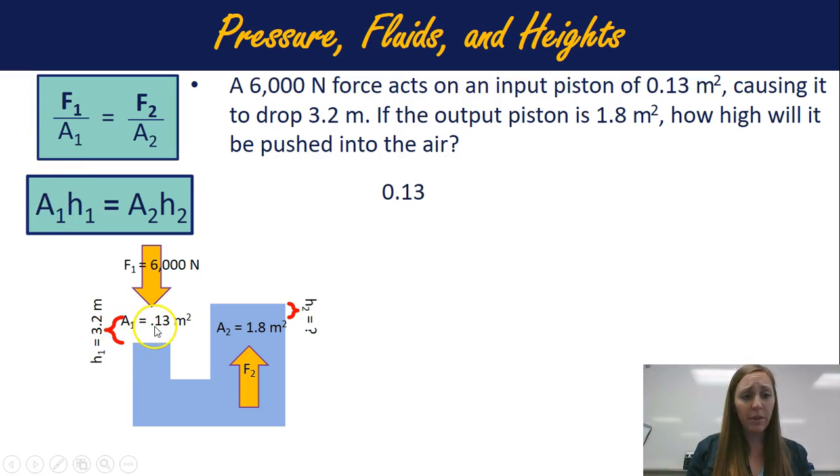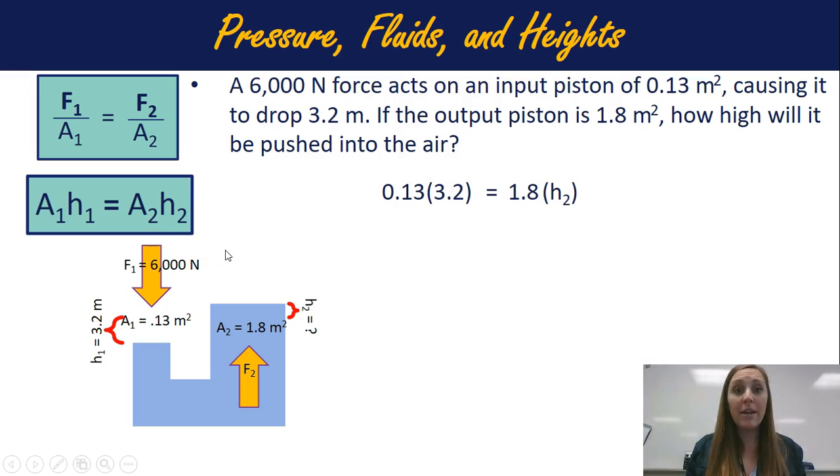Area 1 is 0.13 times height 1, 3.2. So that equals area 2, which if you look over here, area 2 is 1.8 times height 2. And we don't know height 2, so you leave that as h. You want height 2 by itself, so since you're multiplying it by 1.8, you have to divide by 1.8. Those will cancel.